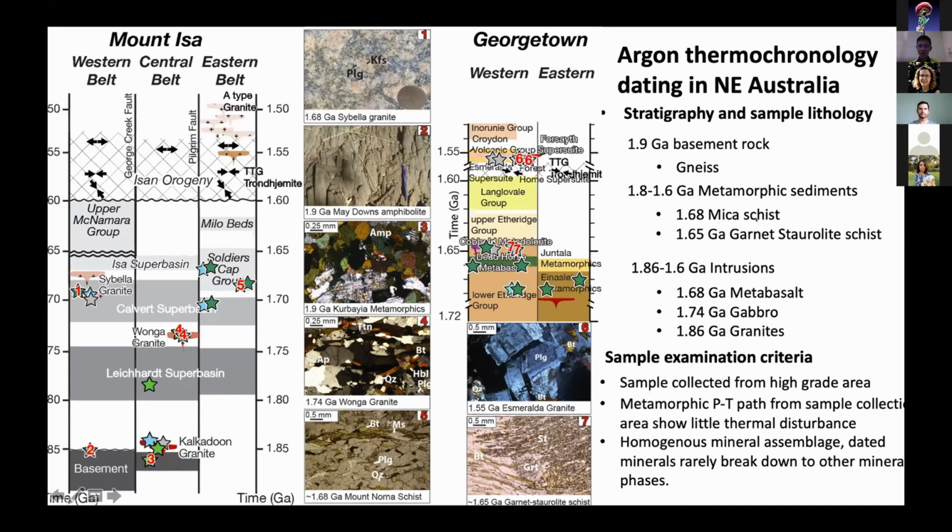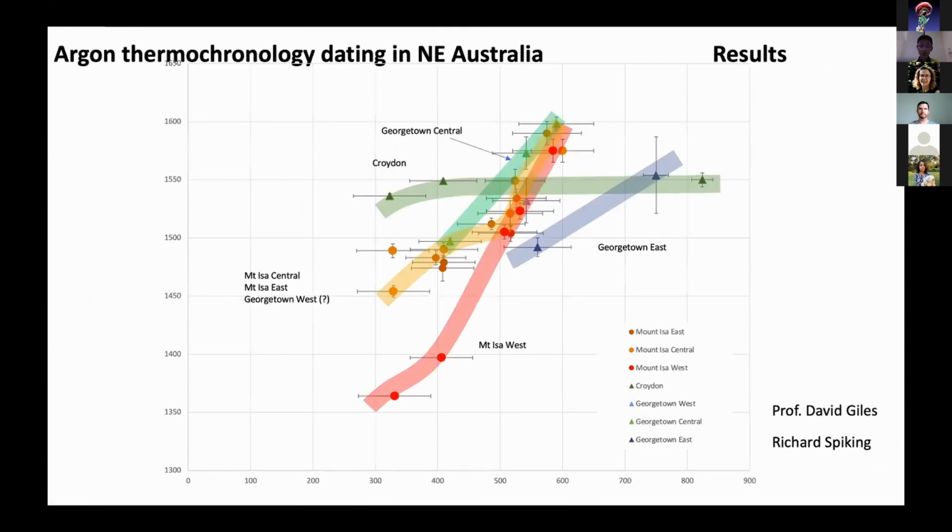So we have to really carefully choose the samples and interpret them, to see if the sample area we chose has been affected by thermal disturbance, or by other hydrothermal mica breakdown. This kind of information we just need to be aware of. So I will now show a synthesis result after all the data.